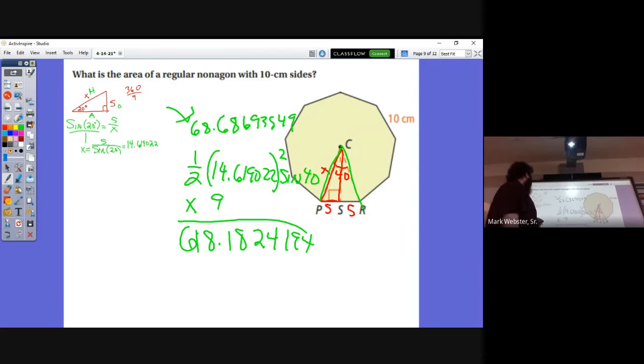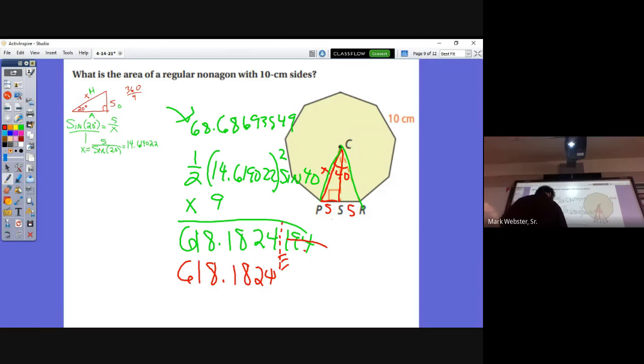Voila. And again, they don't tell us about how to round it, so we round to 4, right? 4 decimal places when they don't tell us otherwise. That's a 1, so this goes away. So we got 618.1824, and my units are centimeters squared.